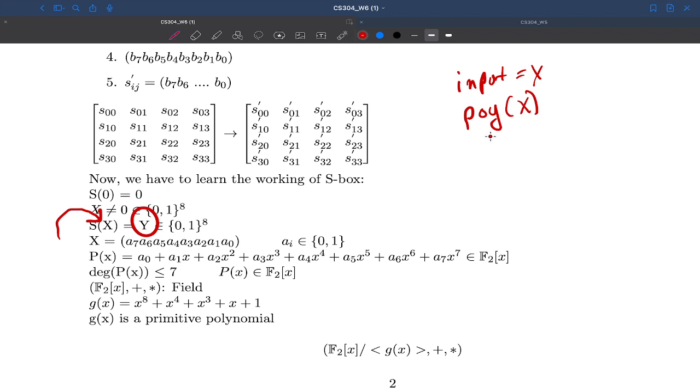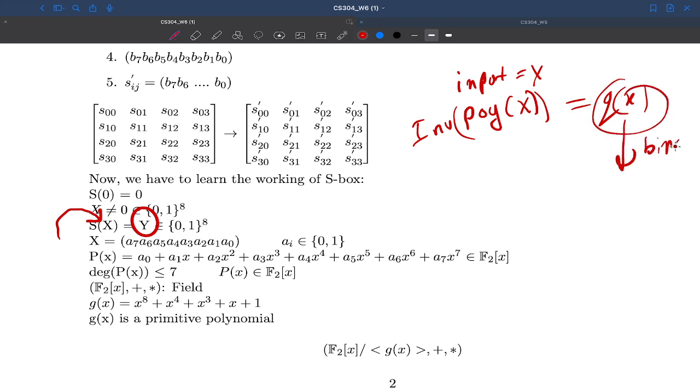Now I find its inverse, and let's say that inverse I got is Q(x). From that inverse, I will convert it to binary. Whatever binary number I get will be my output of the S-box. I hope you got it.